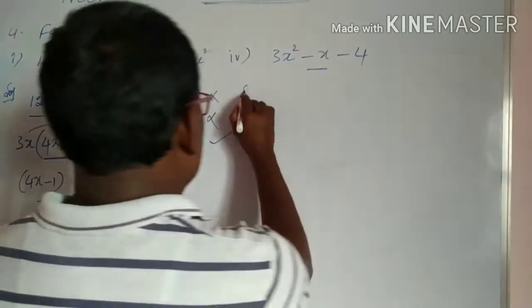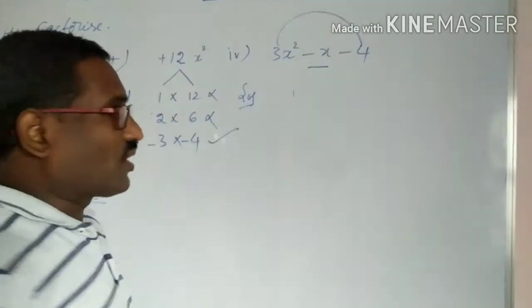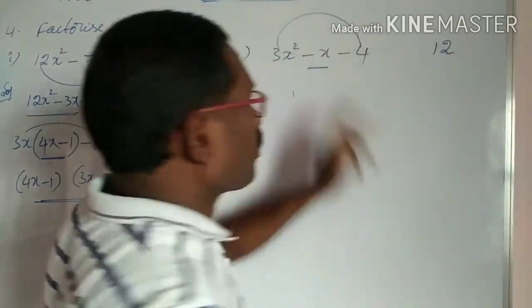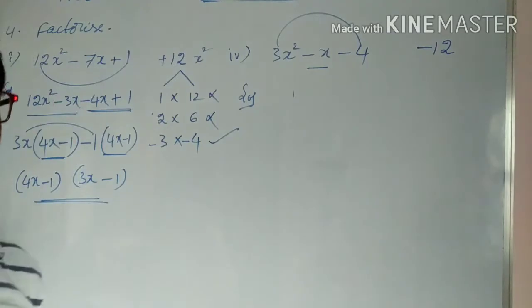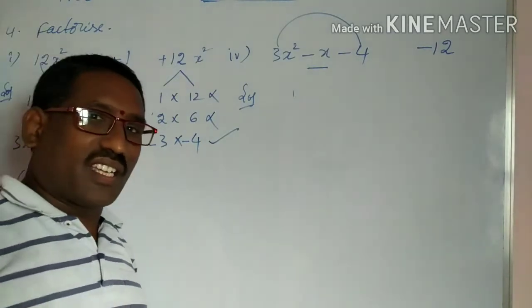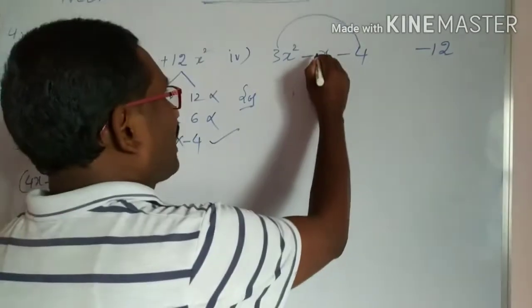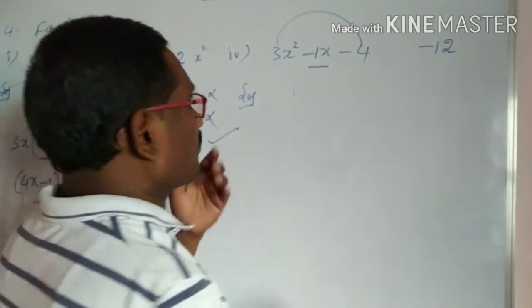That's all. And this question, see, same like that. Product of the first and last term: 3 4s are 12, which is 12 with plus into minus, minus. Product is negative here. Product negative means what I said? The difference of two factors is equal to the middle term. Middle term here, nothing is there, means coefficient 1. Difference is 1. Right?